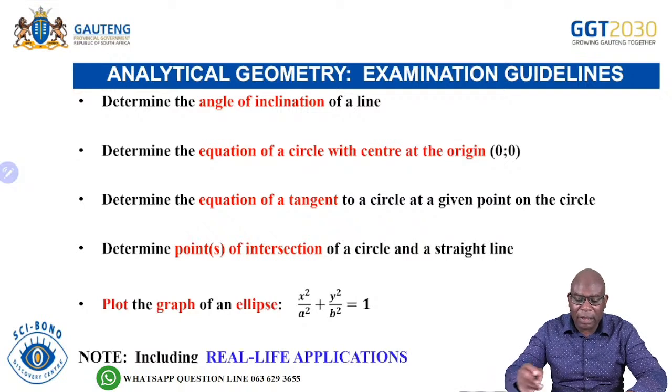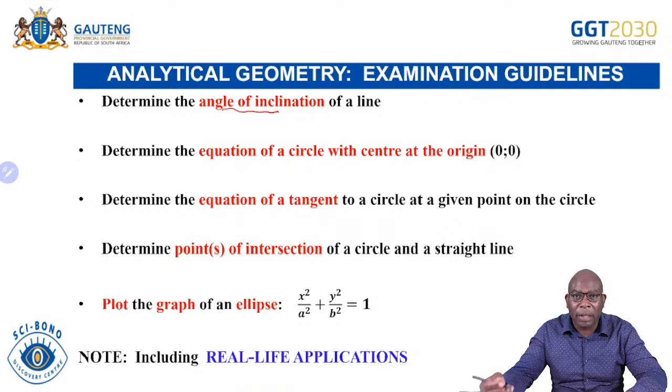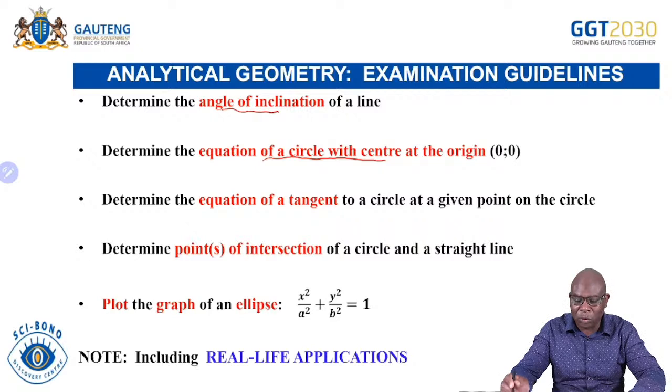The next part is the angle of inclination. We must also know how to do that. When you're doing this paper that I've picked, you'll realize that these types of questions are there in the question paper. The equation of the circle with center at the origin (0;0), we must always understand how to do that.